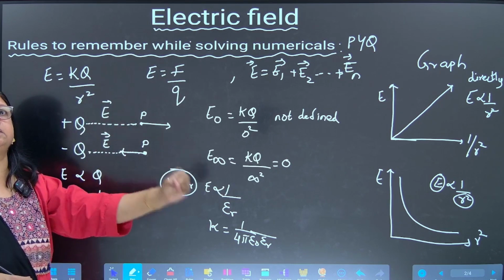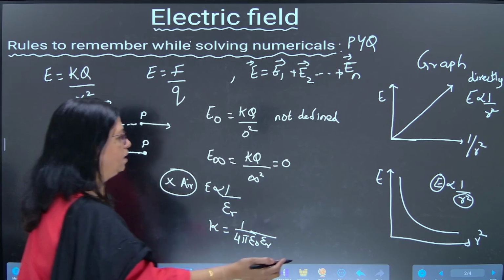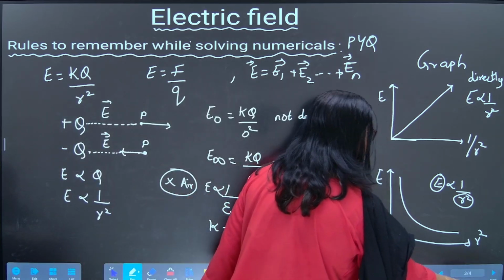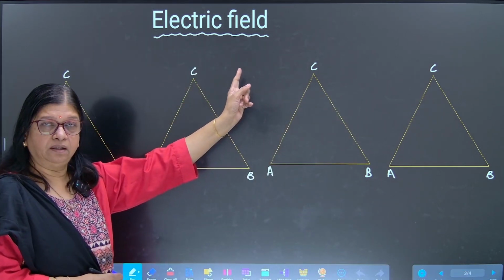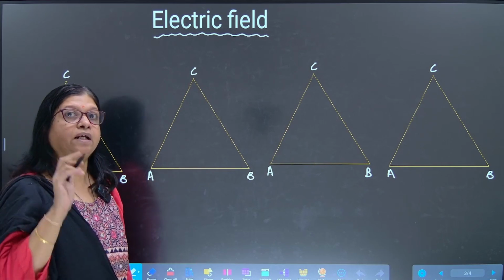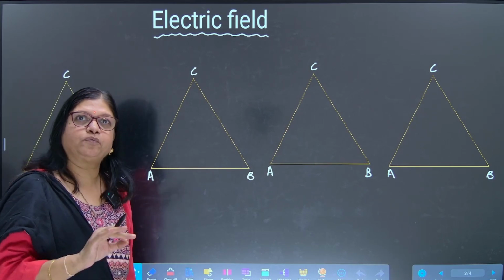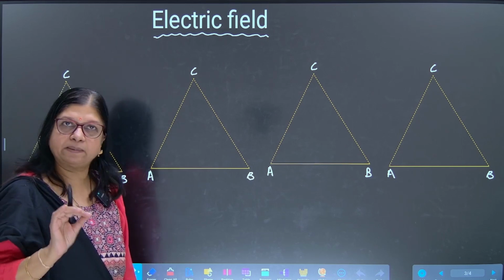Now keeping in mind the basic points, let us talk about how to calculate the electric field for a system of two charges. This type of question was asked this year, academic year 2025 CBSE board exam.